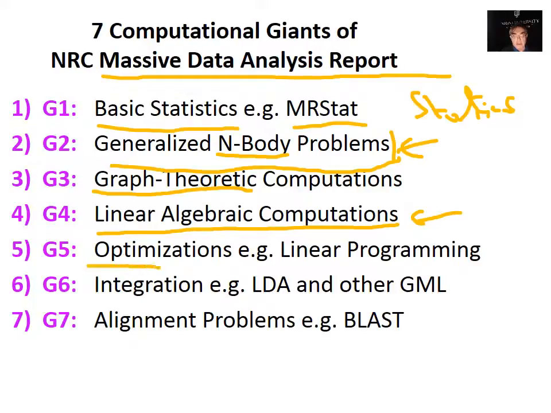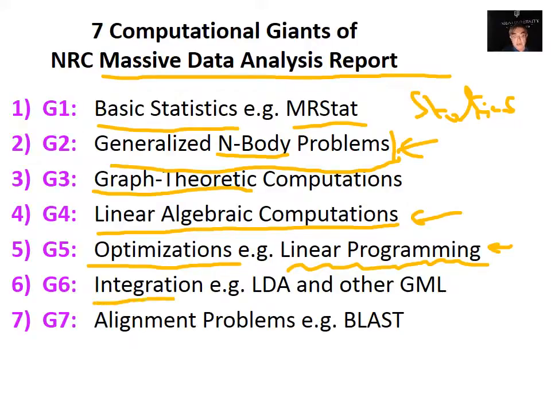Then we have the so-called things coming from the optimization field, where you have approaches like linear programming, which are well known to be not so easy to parallelize, and those deserve some study. They typically are not always huge problems, so you can actually get away with it.